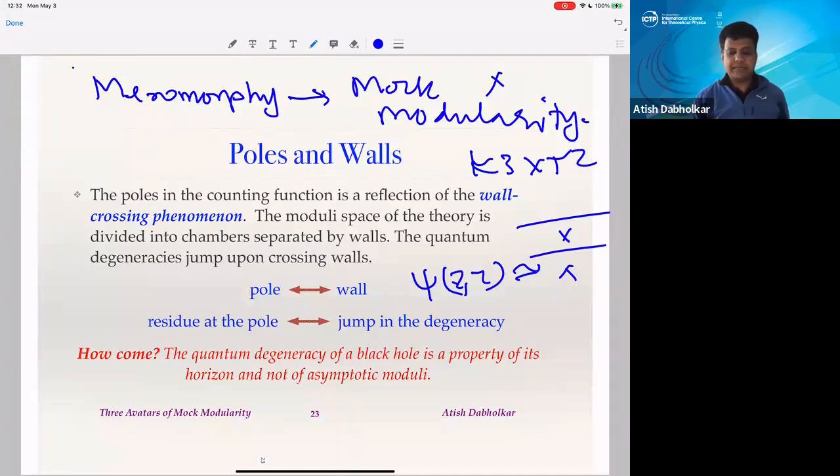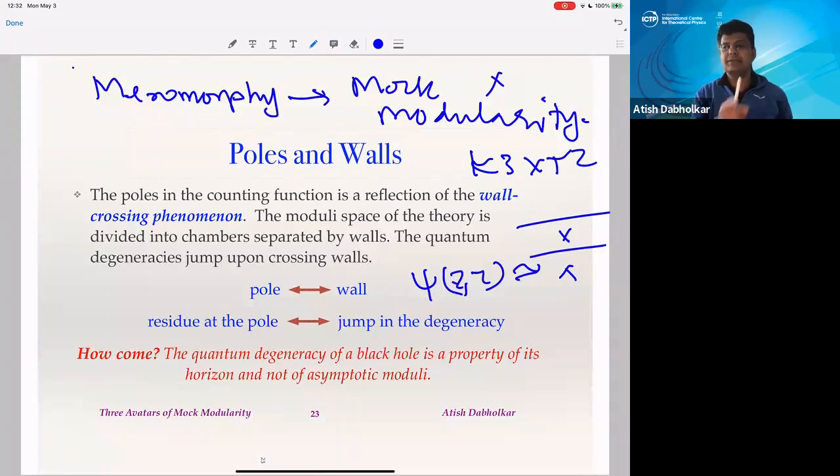And in fact, the moduli space is divided into chambers, and the chambers are separated by walls. So as you move around smoothly inside a chamber, the degeneracy doesn't change. But the moment you cross the wall, the degeneracy jumps.